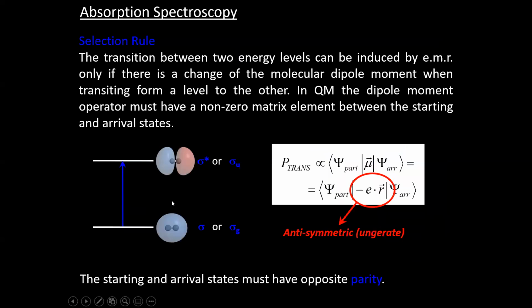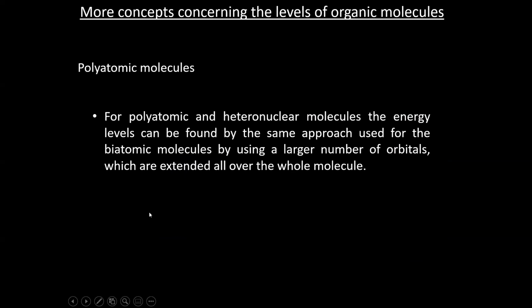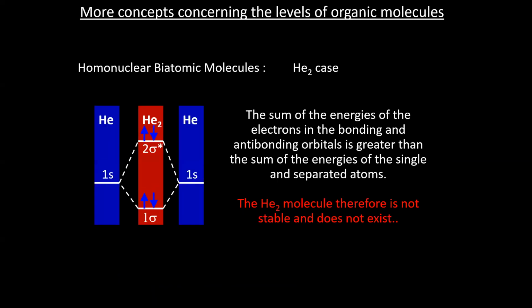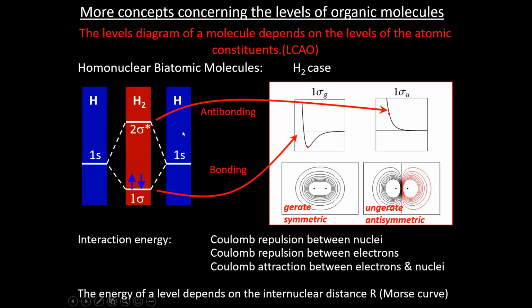Now, let's go back to the small introduction to the energy levels that we gave above. For example, we studied molecular hydrogen, and we said this state here is bonding, and we call it gerade, symmetric. The excited state here is antibonding, or ungerade in German.